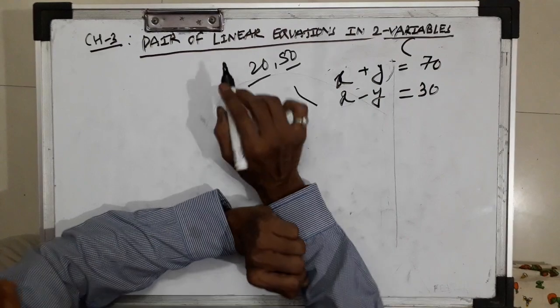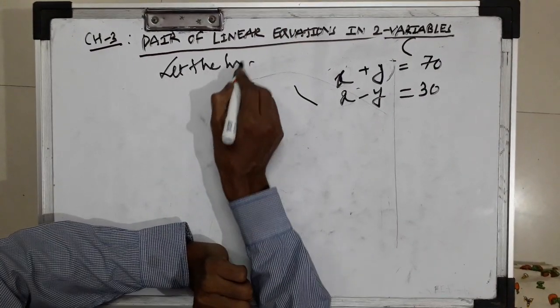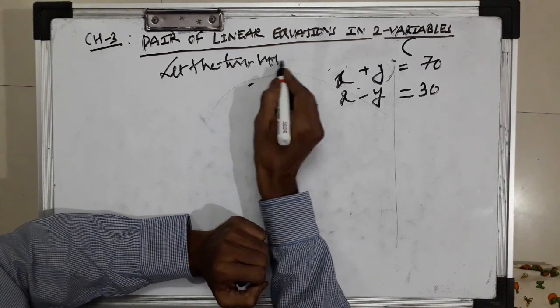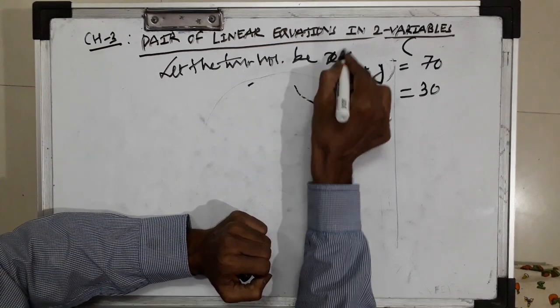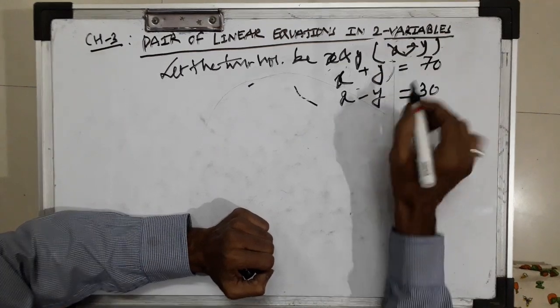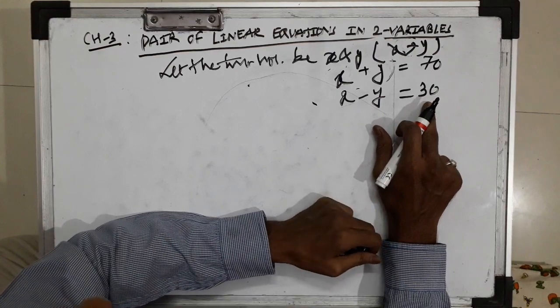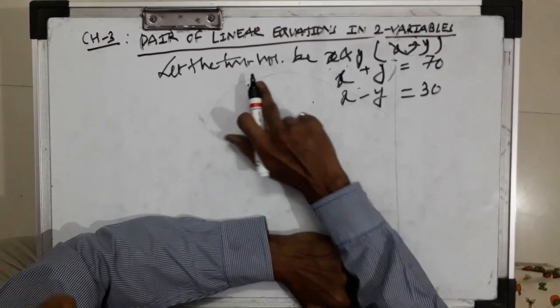That's why we can take: let the two integers or numbers be x and y, and mention that x is greater than y here, because when the difference comes as y minus x, it will be minus 30 then. So let the two numbers be x and y, with x greater than y.